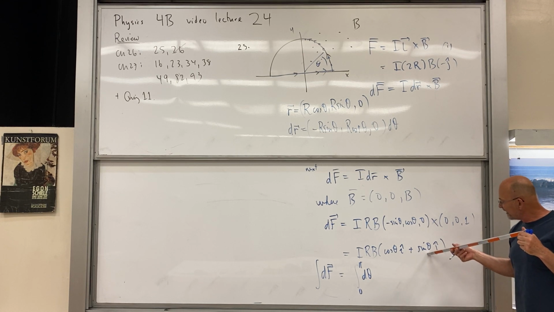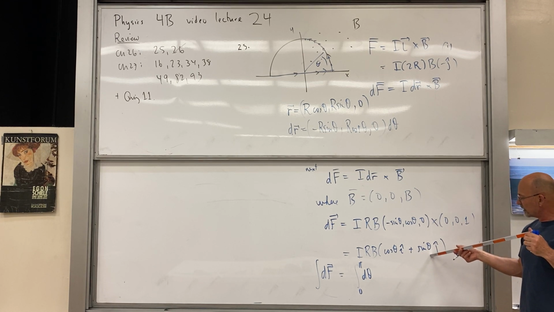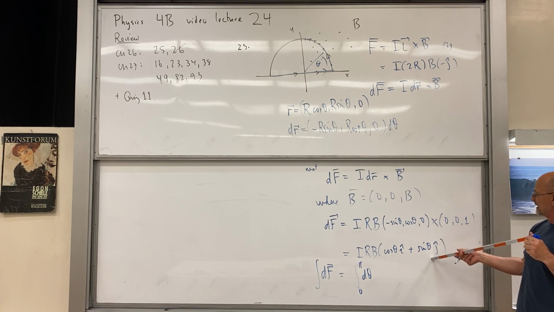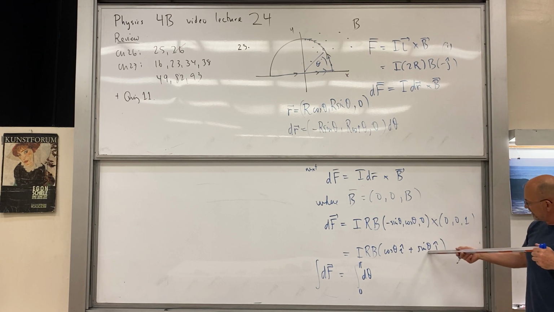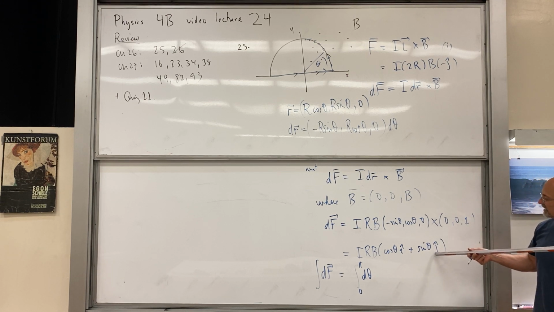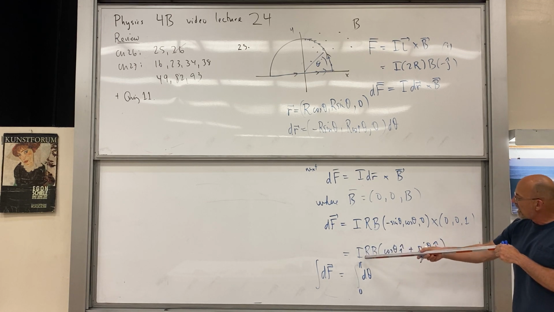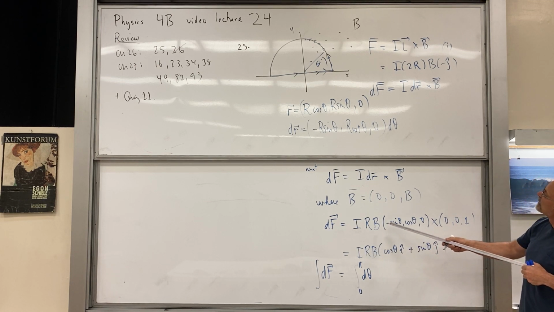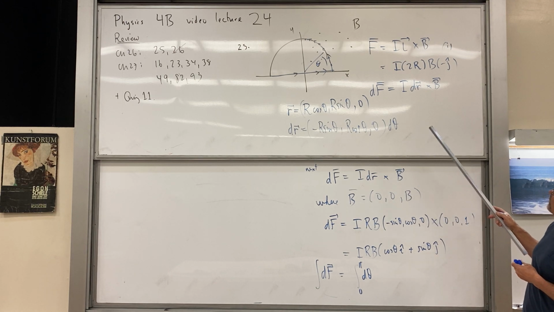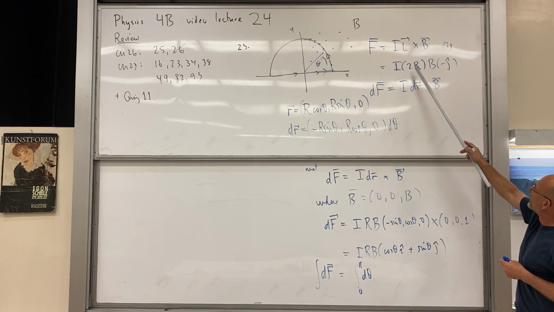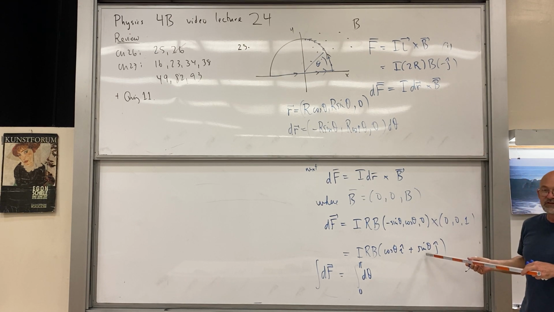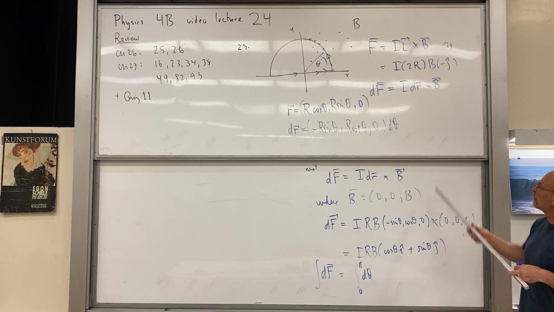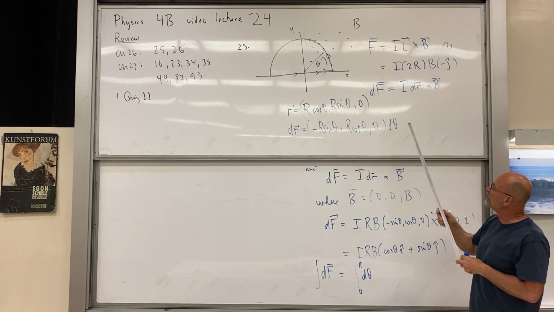The integral of the sine theta from 0 to pi is going to be equal to 2, and the plus sign will be maintained because j hat is in the plus direction. So you'll have 2IRB, and that's what we had before, 2IRB, except instead of minus j hat, it'll be plus j hat. So I hope that suffices. It's an interesting problem.